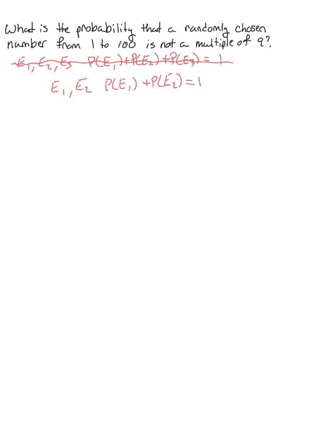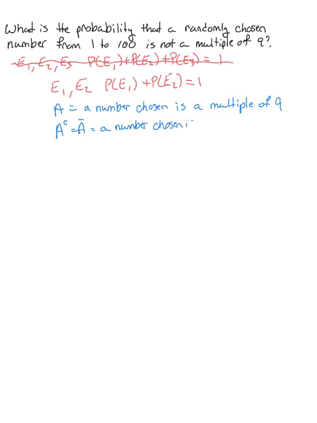So here, let's switch over to blue. Let's call event A the event that our random number chosen is a multiple of 9, and we're going to call A complement, which you might also see written as A with a bar on top of it, the event that the number chosen is not a multiple of 9.